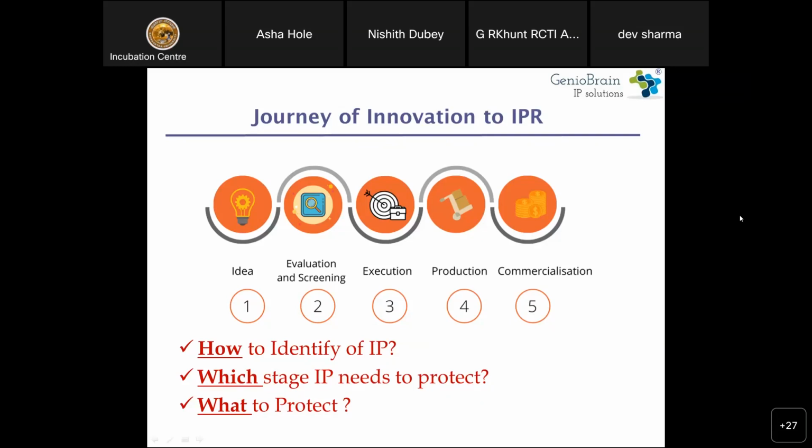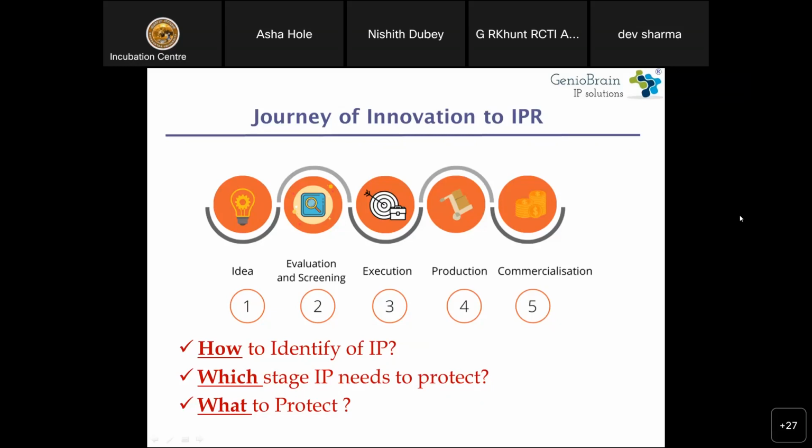Here we have given 5 stages of our innovation: idea, evaluating and screening that idea, third, you execute your idea, and finally you go to production, and then finally commercialization. So this whole thing is what we call the journey of innovation.